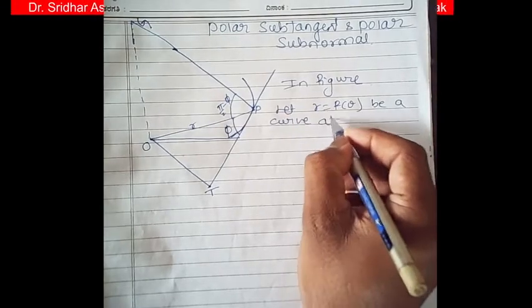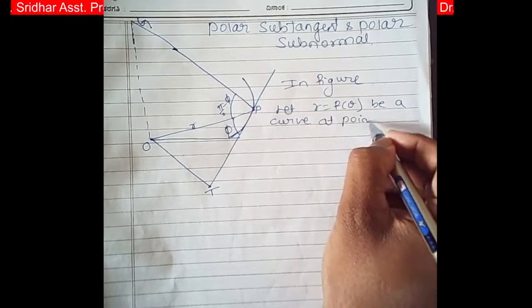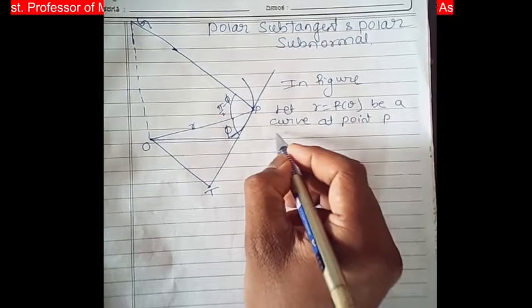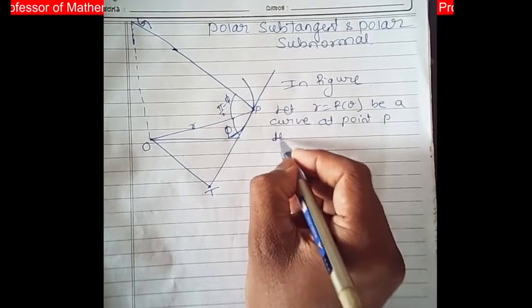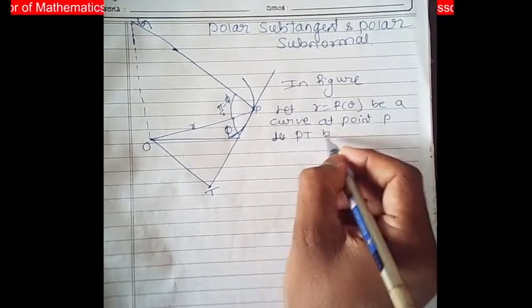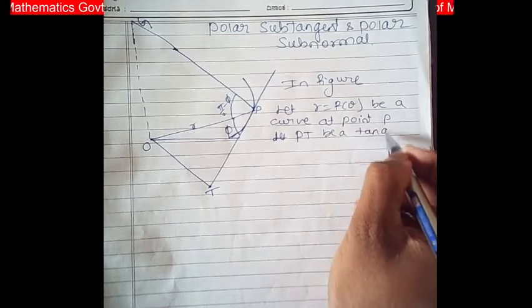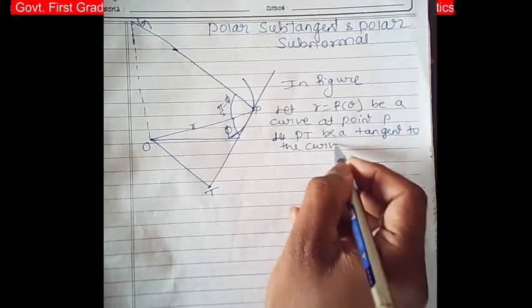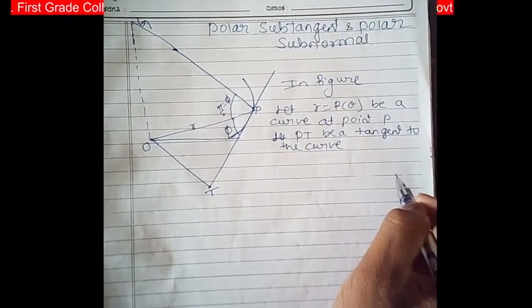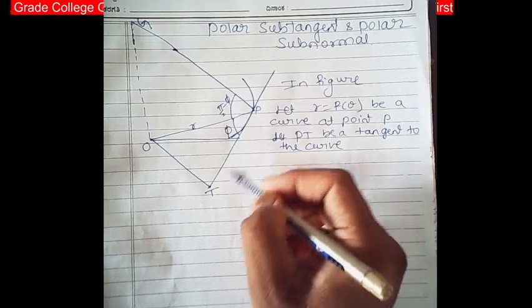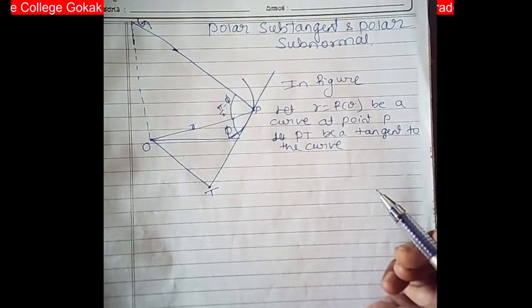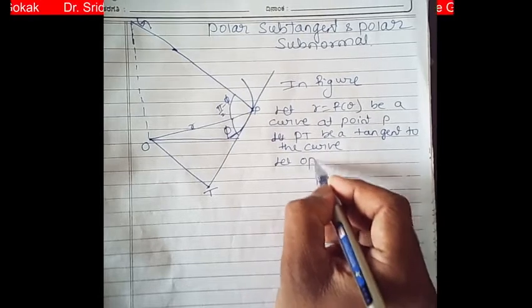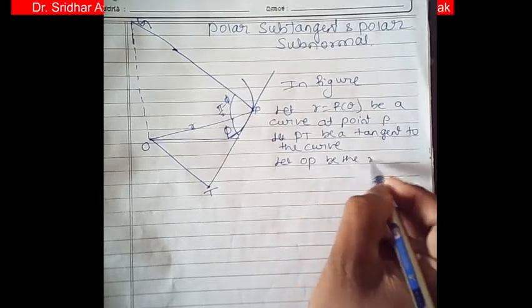Then at the point P, let PT be a tangent to the curve. And then let OP be the radius vector.